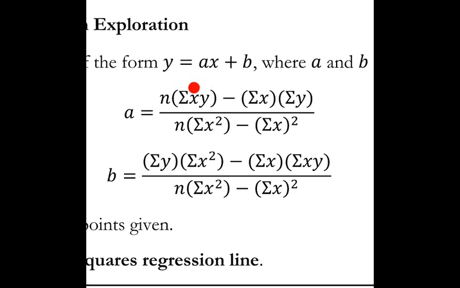Again, this symbol is called sigma, but it means summation, or add up your answers. So the first times the first, plus the second times the second, plus the third times the third, until you get to the end of the list.